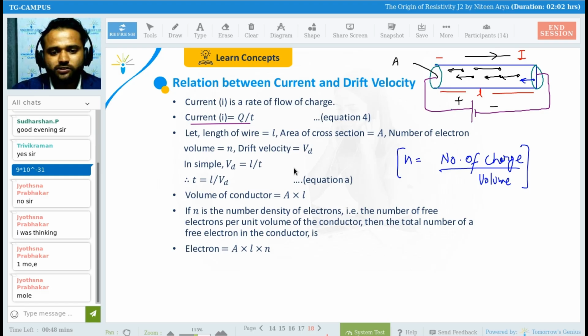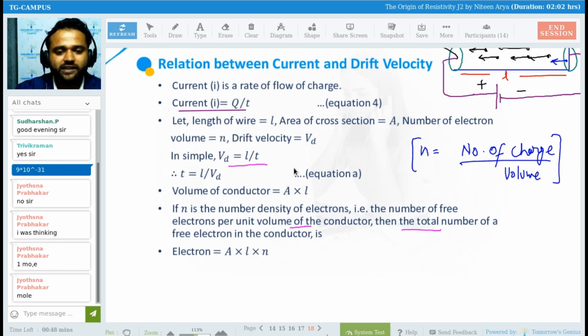Okay, so in simple words, Vd equals L by T, and time is L by Vd. Now the volume of the conductor is area into length. This is simple. If n is the number density of electrons, that is the number of free electrons per unit volume of the conductor, then the total number of electrons in the conductor is A into L into n.